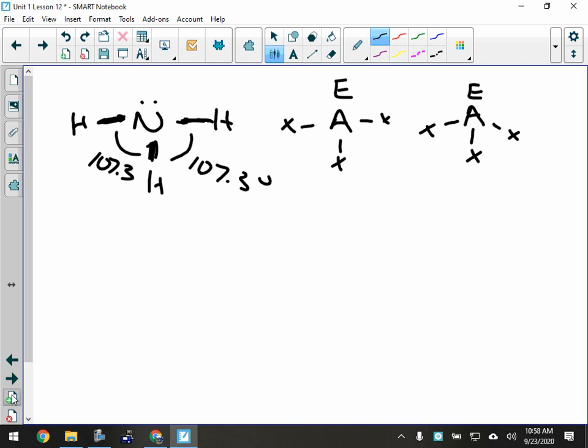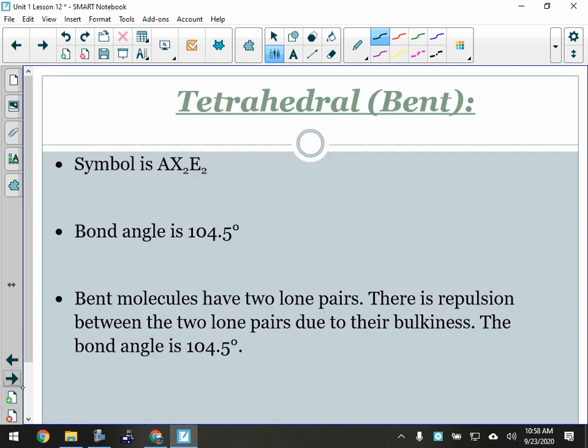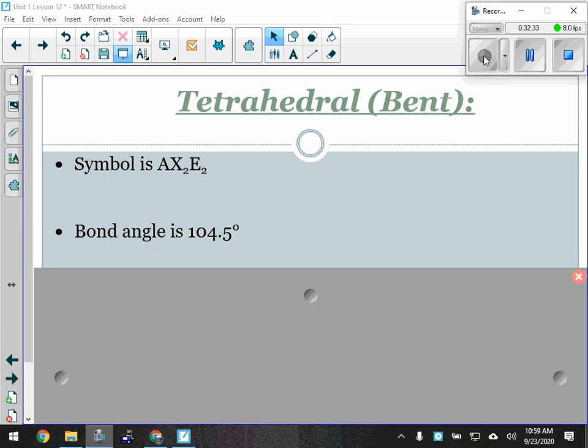Last one. Okay, last one is tetrahedral bent. Now this one we will call tetrahedral bent, but when we say a bent molecule, we usually refer to this one.